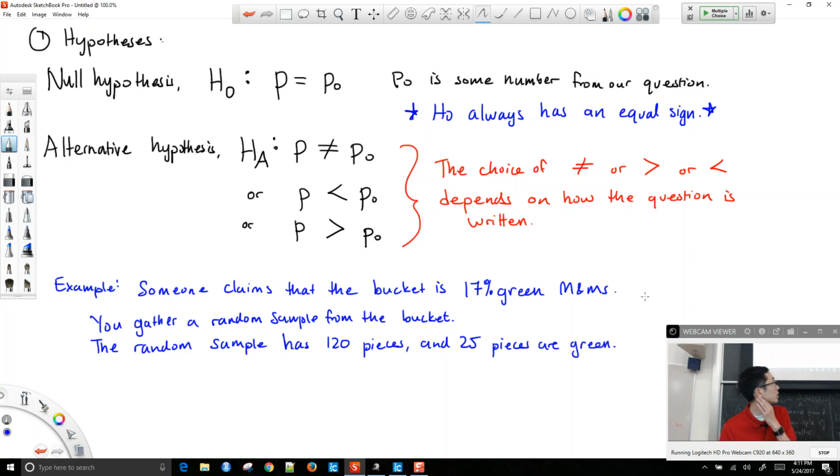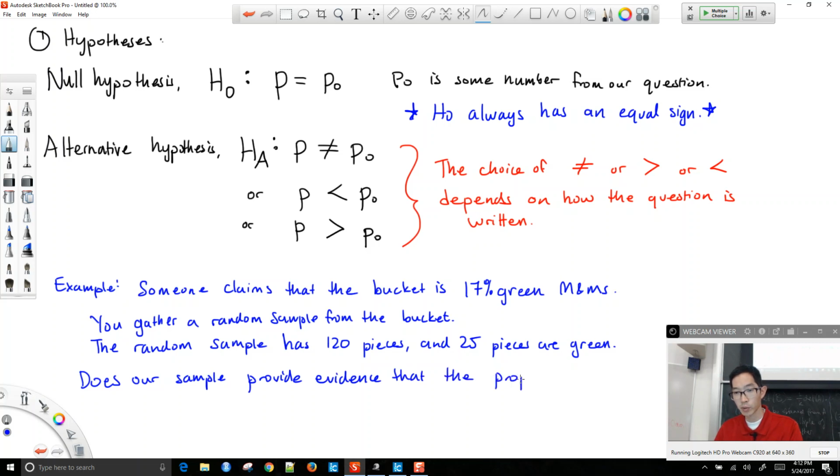Okay. And so the question is, does our sample provide evidence that the proportion of green M&Ms in the bucket is actually higher than 17%?